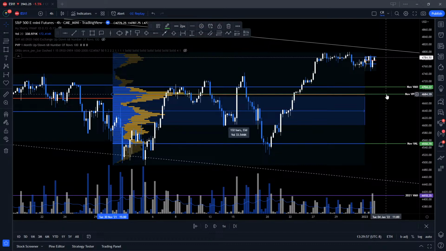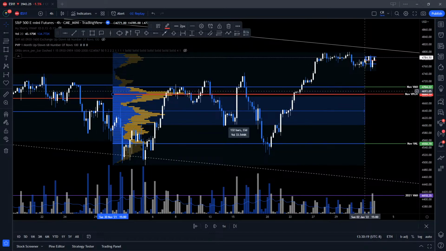But once we leave this area, as soon as this gets touched, it would become a POC versus a VPOC. So VPOC means virgin point of control, which basically just means it hasn't been touched since this range was formed.